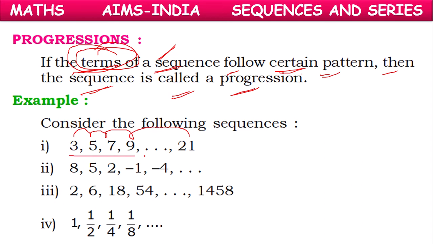We have a sequence in which all terms are following one pattern. 3 plus 2, 5; 5 plus 2, 7; 7 plus 2, 9, and so on. They are following a particular pattern. The difference between two terms is constant, so they have that pattern, and the sequence is called a progression.